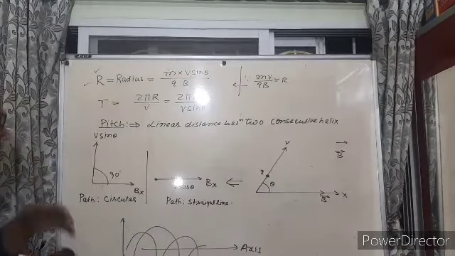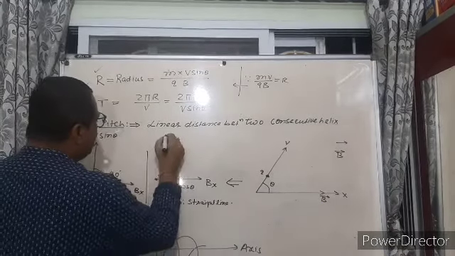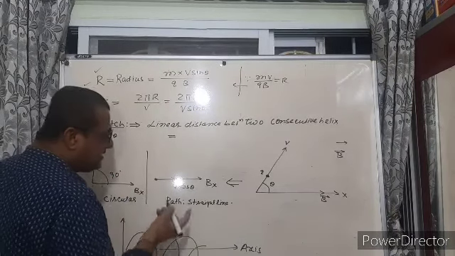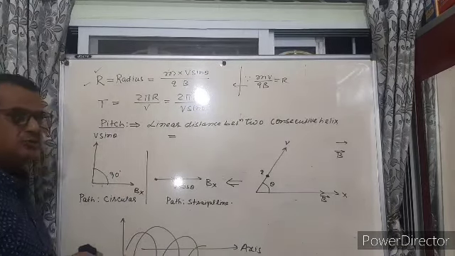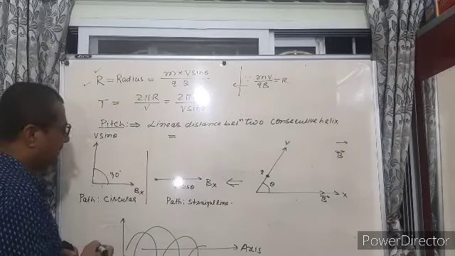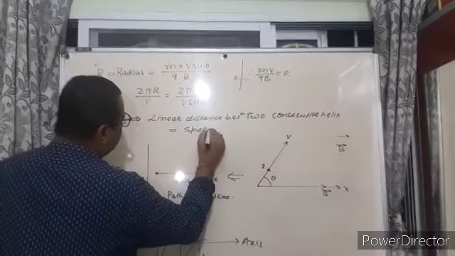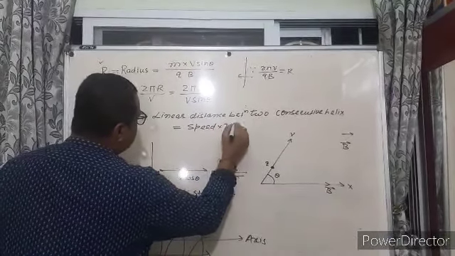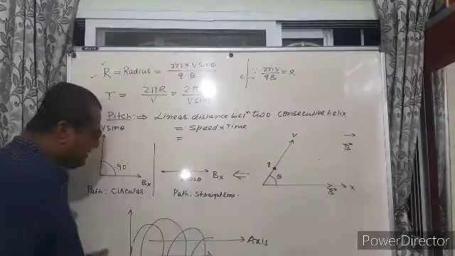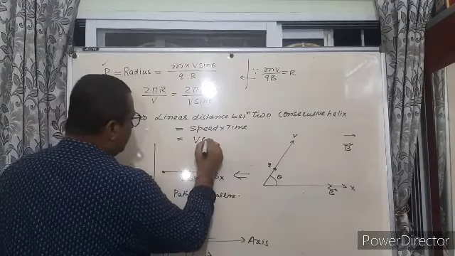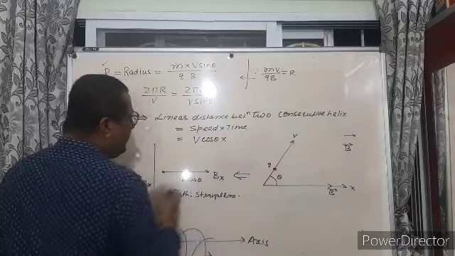So this distance is equal to speed into time. Speed along the x-axis is v cos theta, and the time is the time period.